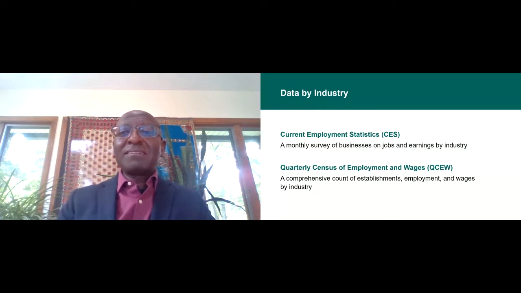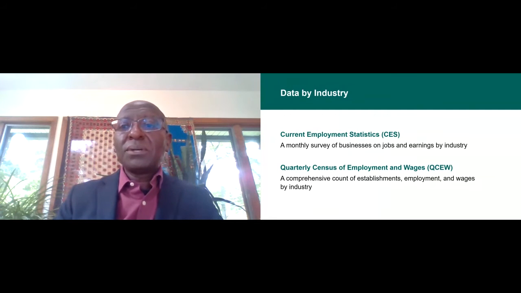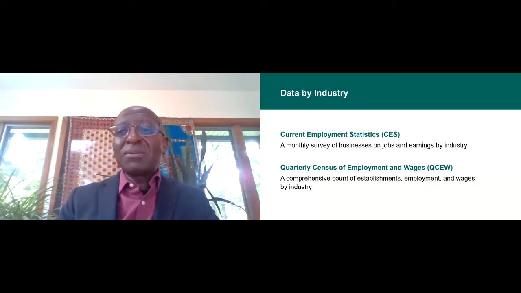And because it's based on administrative reports from the UI agency, its publication takes a little bit longer, usually a lag of 6 months. So for example, right now, we are working on the first quarter of 2020. This is the quarter that is going to tell us in every county of Michigan how much we've lost of payroll jobs. These are being compiled and will be published sometime in October.